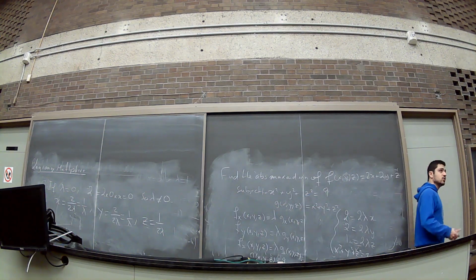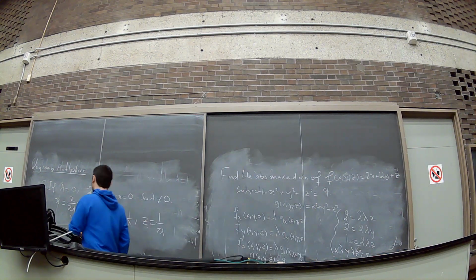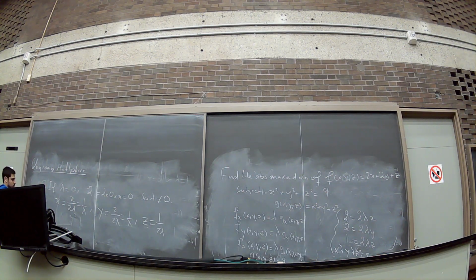There is one more equation that I didn't use. What is this equation? X squared plus y squared plus z squared is equal to 9. Now, do I plug in the x's or the lambdas here? The lambdas. So what is my unknown here? I have one equation and one unknown, a quadratic equation. So x squared is 1 over lambda squared, y squared is 1 over lambda squared, and z squared is 1 over 4 lambda squared.